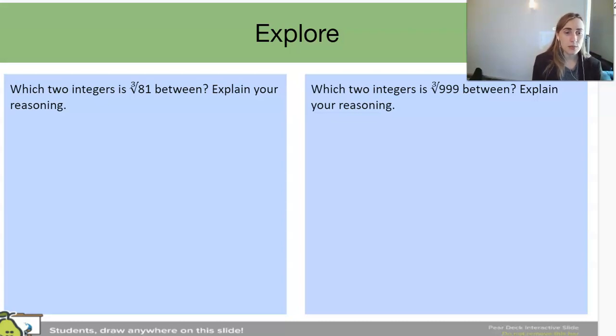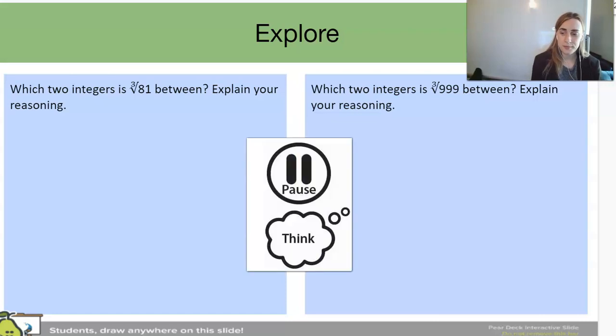And on the right, which two integers is the cube root of 999 between? Explain your reasoning. I encourage you to think about the two students that we looked at before, as well as our warm-up in answering this question. Pause and think. And when you're ready, we'll move ahead to slide D.